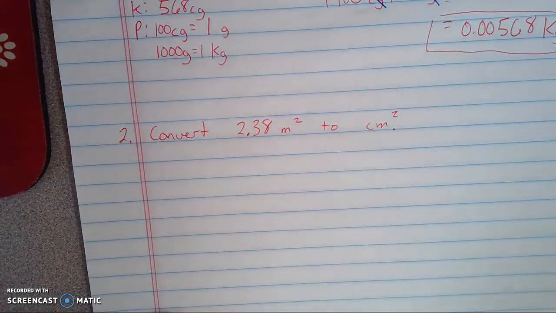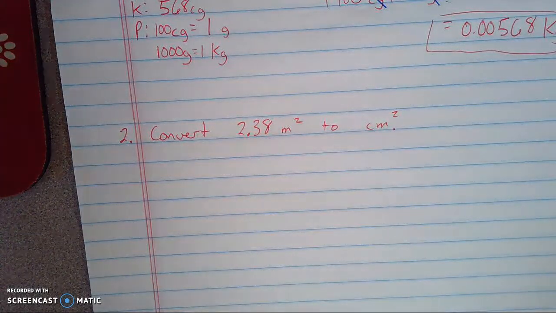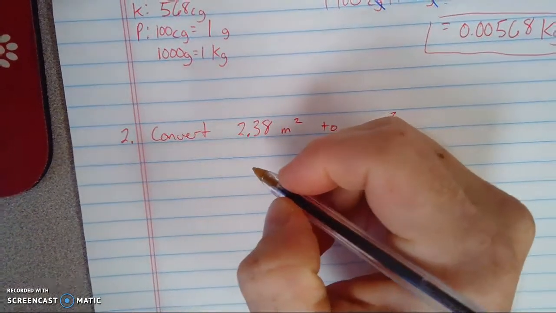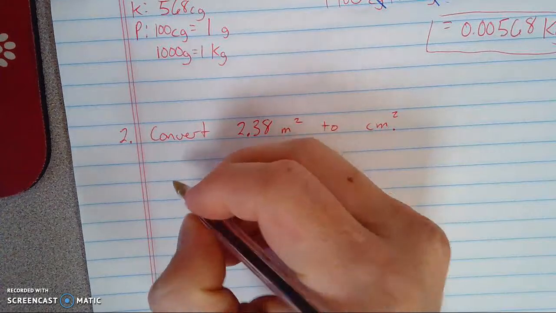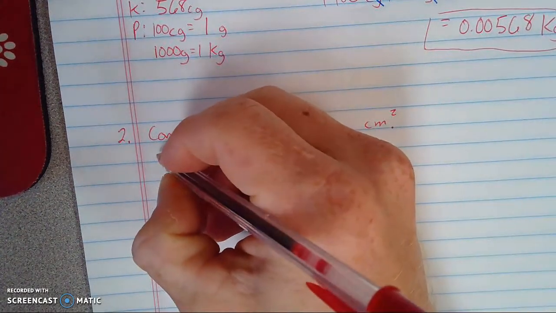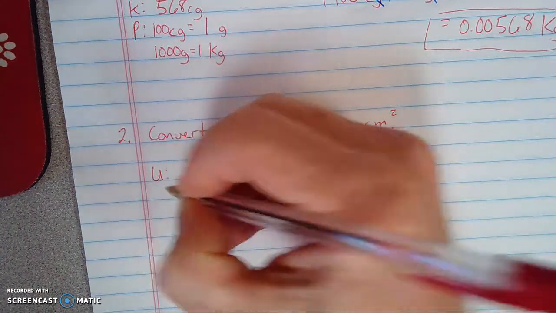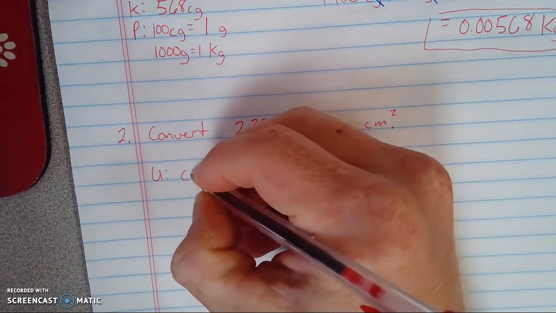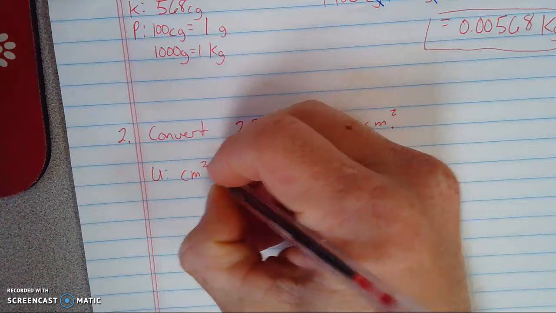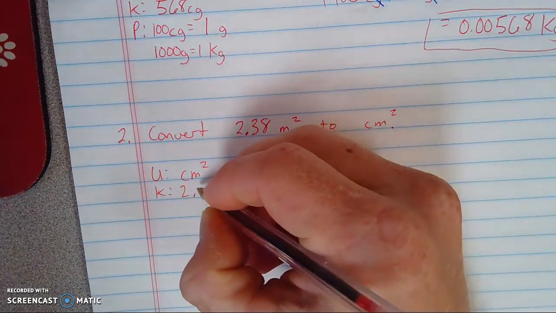Let's do one that's a little bit more complicated, and we'll have to think about it just a little bit more. When we have squared or cubed units, things get more complicated. Not much more, but a little. The unknown here: I want to get to centimeters squared, and I'm starting with meters squared.